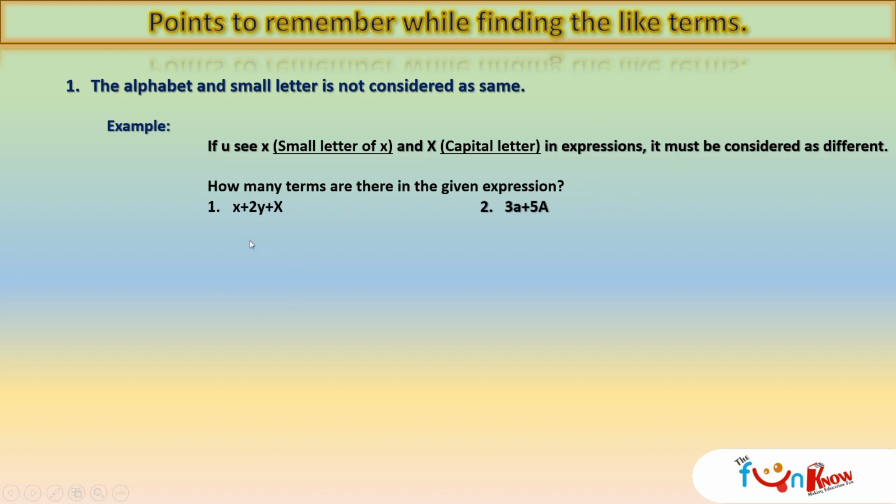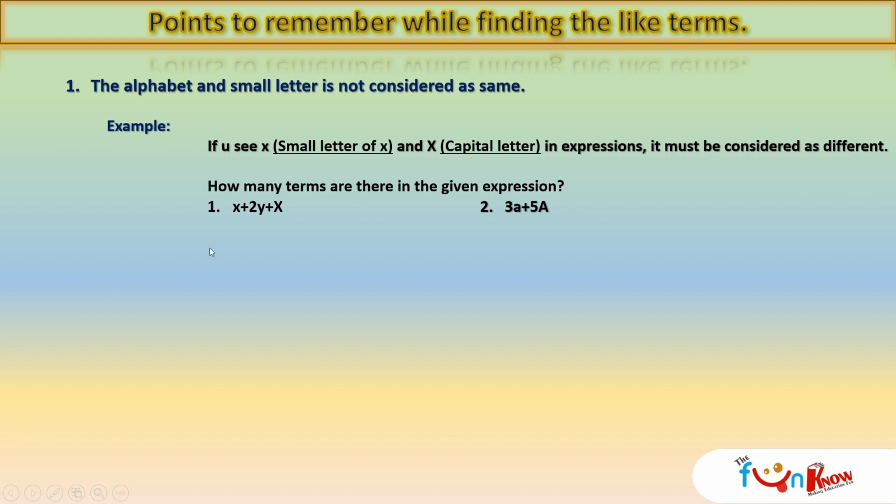Here there is one expression in which x, which is small x, plus 2y plus capital X, and the question is, they are expecting you to give the answer of how many terms are there in the expression. So students, count the terms in the expression. How many terms are there? Count.